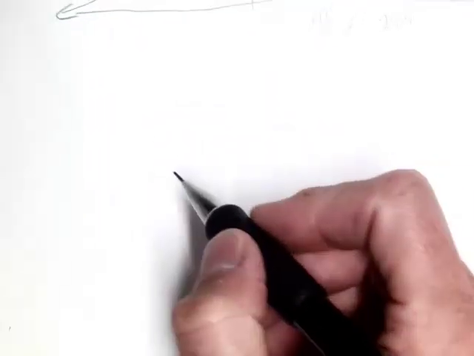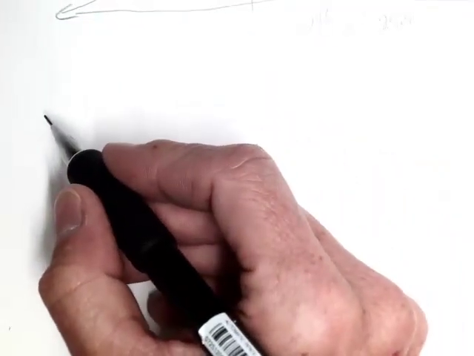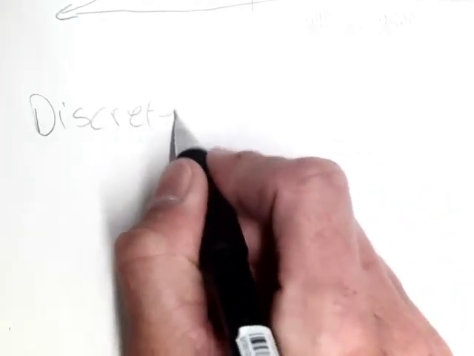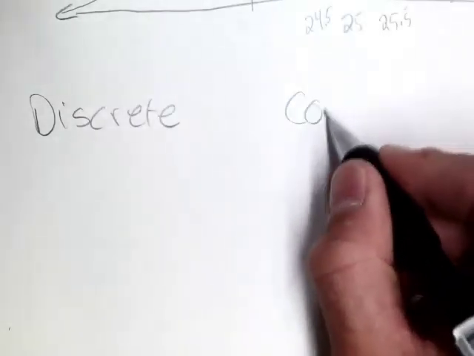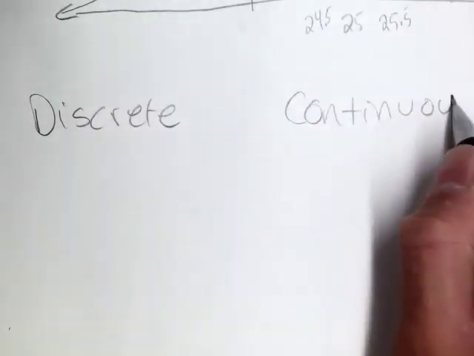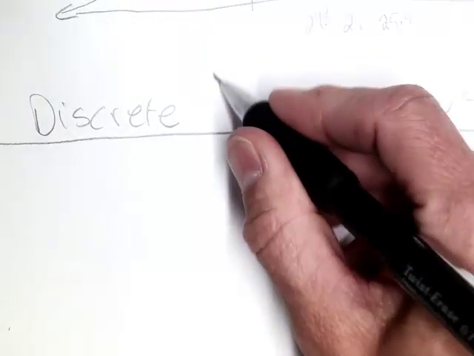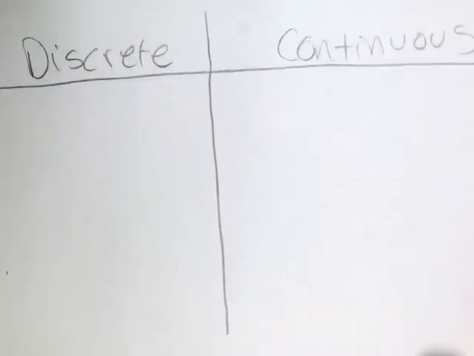Okay, so let's go ahead and do some conversions between discrete and continuous, and hopefully this will help you with your homework. Okay, so I'm going to use the number 25 for x in this situation.